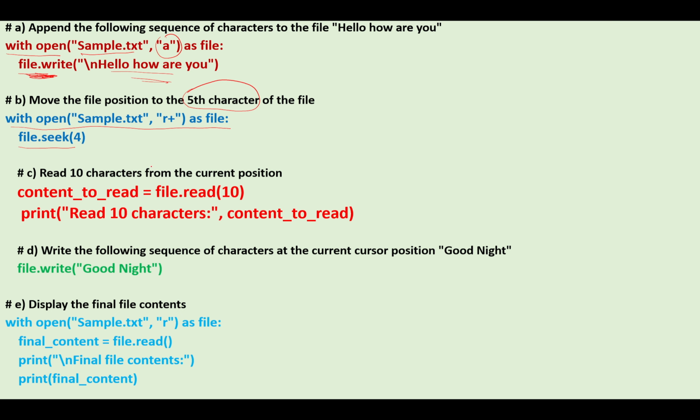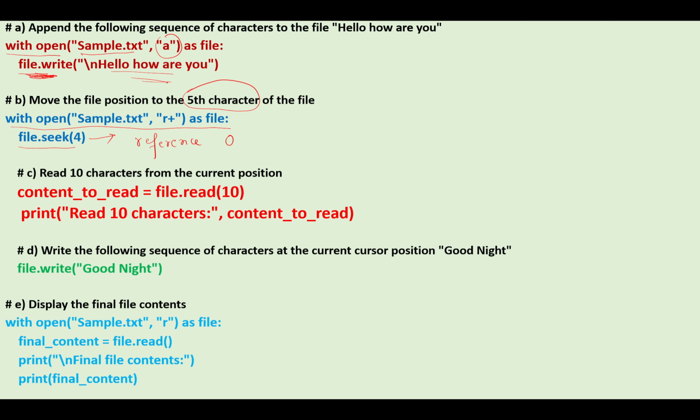Here please remember this point: the reference point is 0. That's why we go for 4 only, 0 to 4. That means my cursor or file position comes to the fifth character of my file.